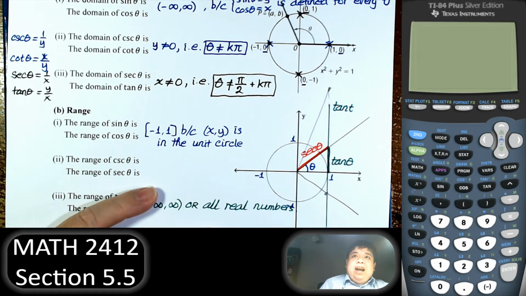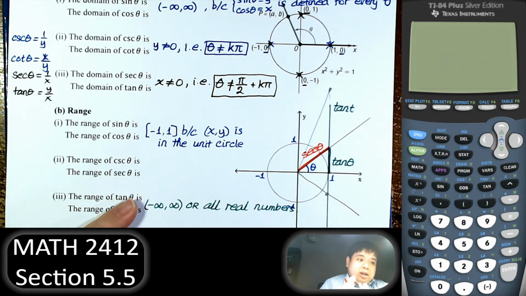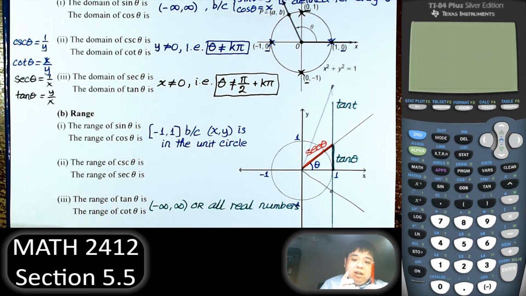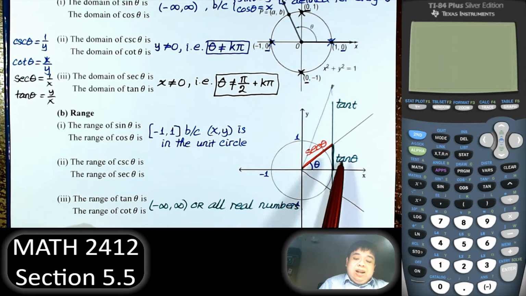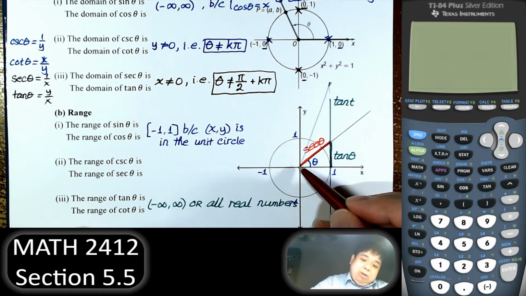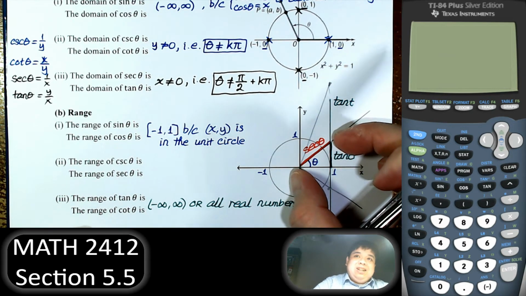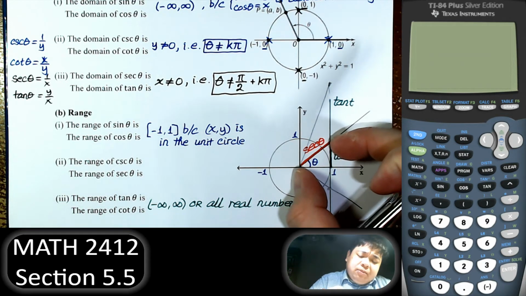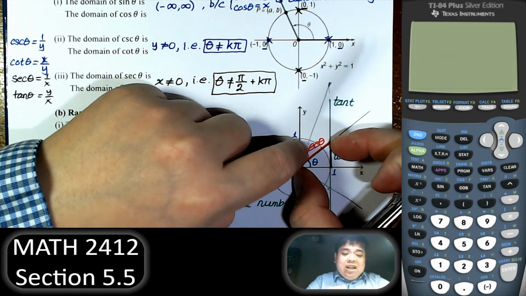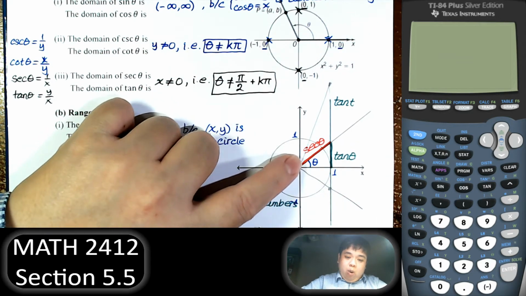Secant in Greek means cut. Tangent means touch. So we touch the circle here, get the tangent, and if we cut the circle, we have secant. So that's why they name it that way. Now secant, notice that it doesn't matter where the point is.